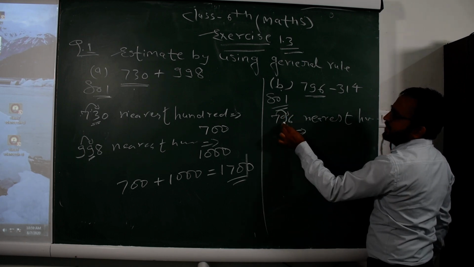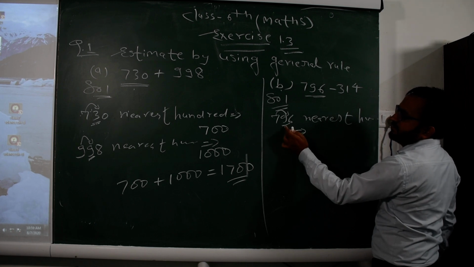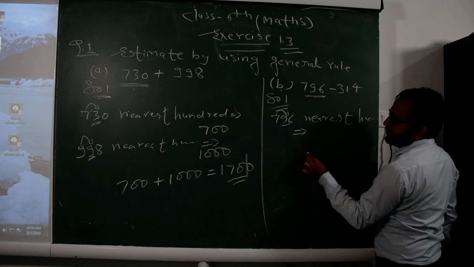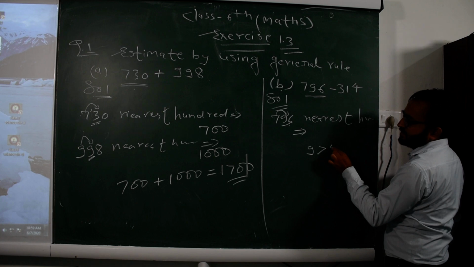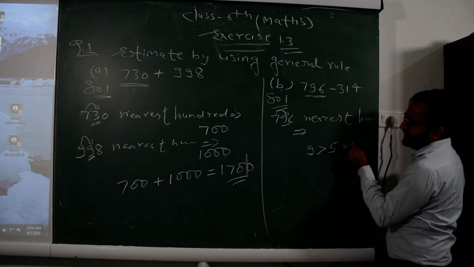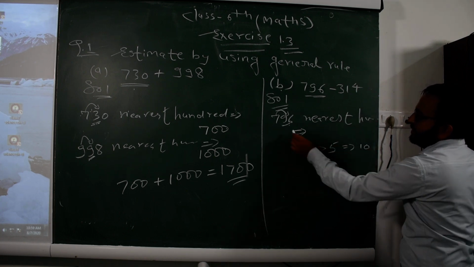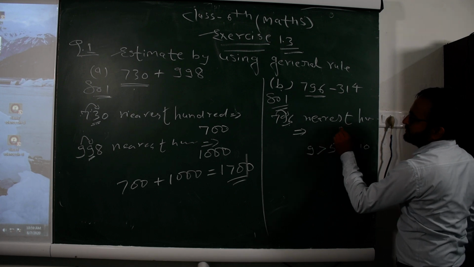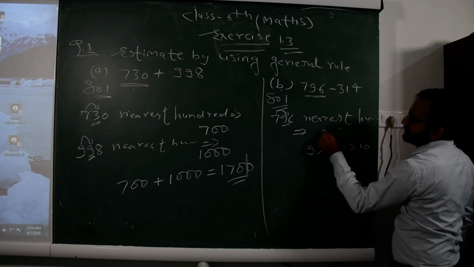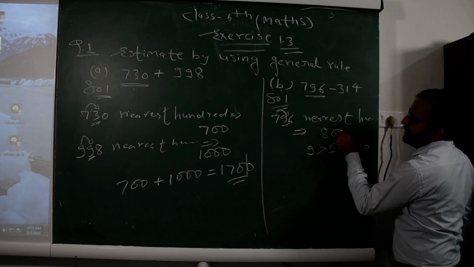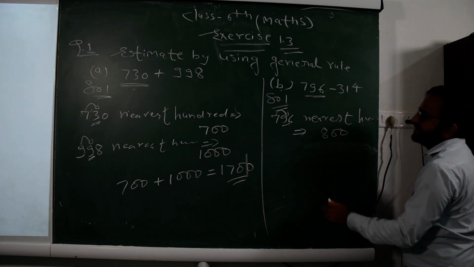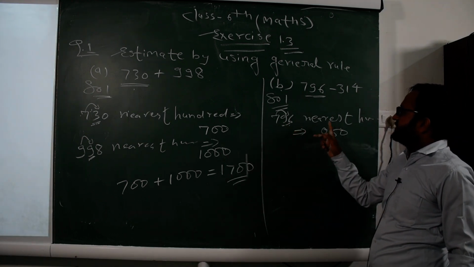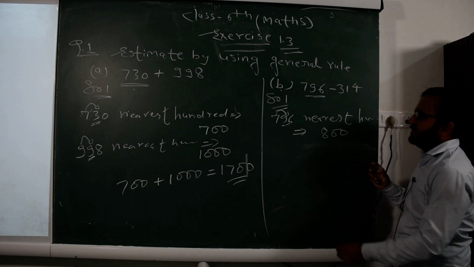That means we change the value 9. We know that 9 is greater than 5, so we consider it as 10. So 796 becomes 800. That means 796 is nearest to 800.